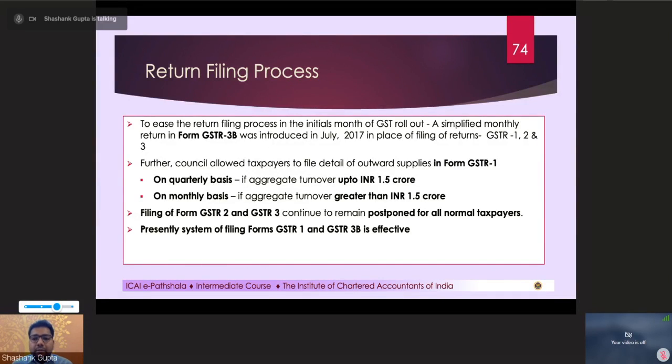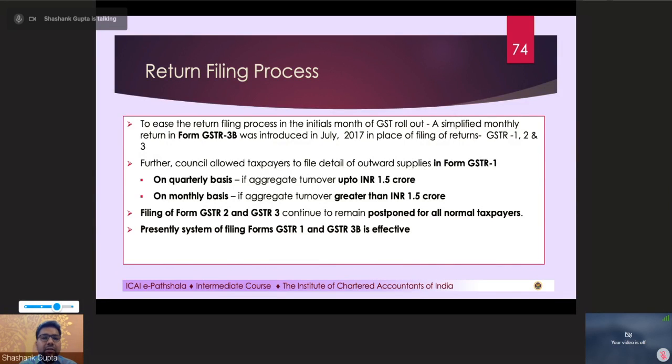But of course, the system has not come into place as of yet. So today, as on date, we are working on the backup mechanism, which is filing of two returns, that is GSTR3B and GSTR1.